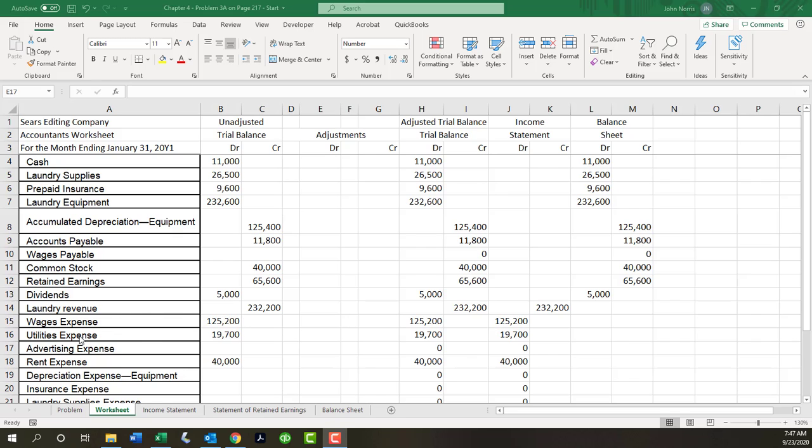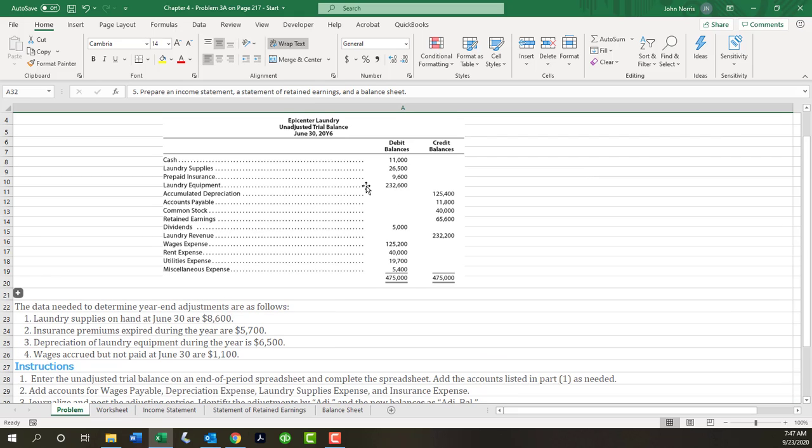Okay, so the problem 4-3A on page 217. What we have is we've been given an unadjusted trial balance of various accounts, along with the data to make four year-end adjustments.